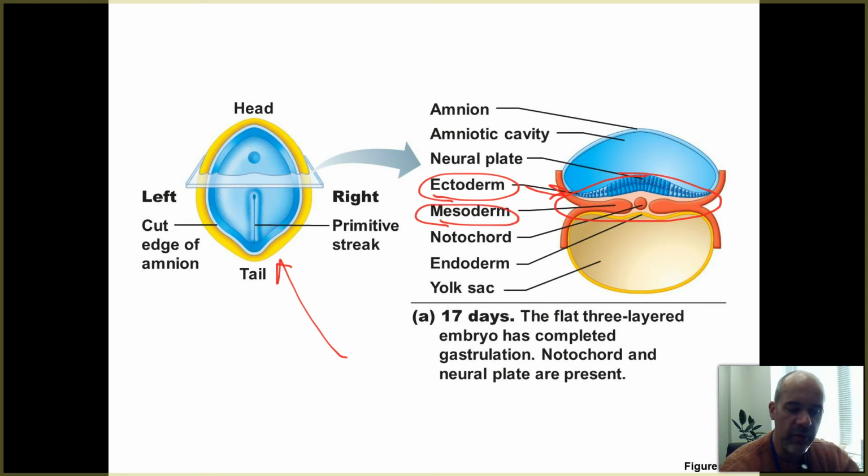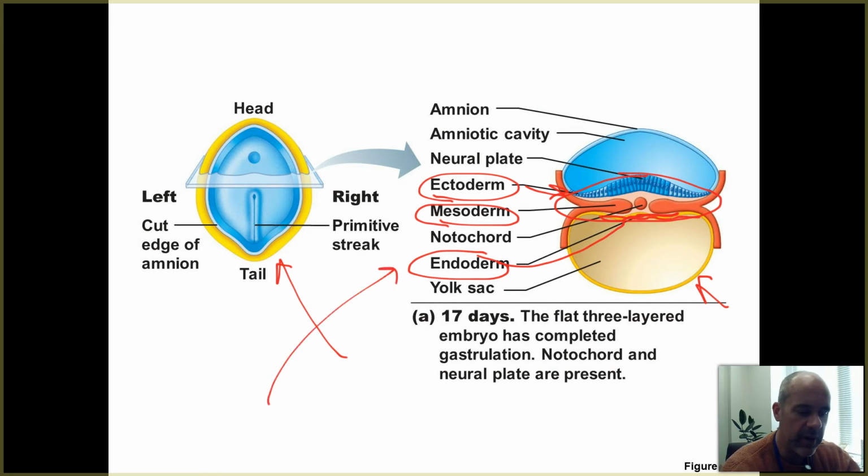And then the mesoderm, meso means middle, so those are going to be tissues that are in the middle of this flattened embryonic disc that's developing. And then right in here, this yellow line, which blends in with the yolk sac over here, this is called the endoderm.